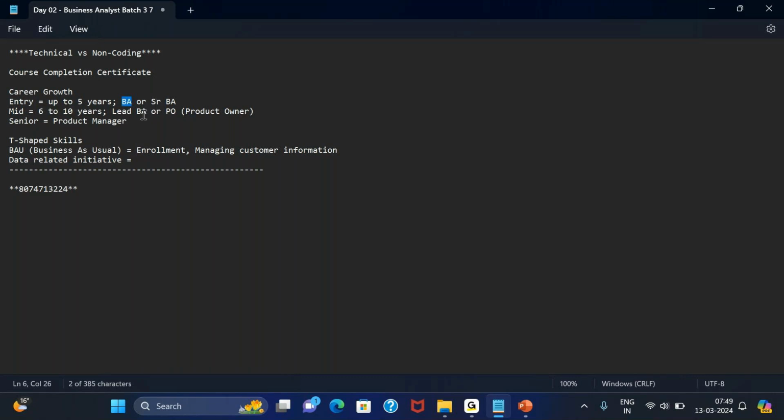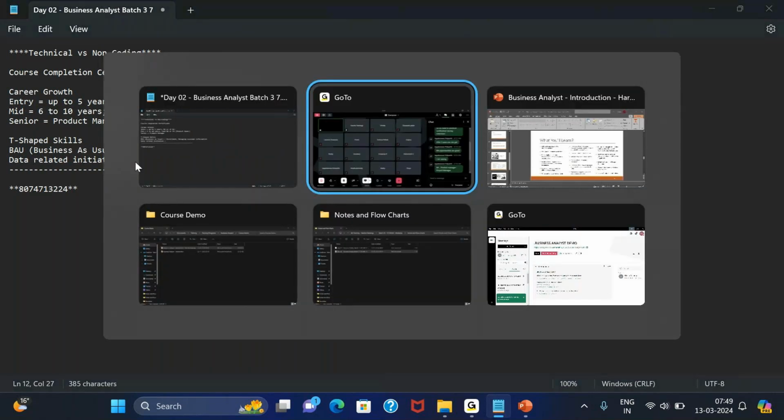We have to start taking up bigger initiatives, maybe manage an entire team altogether. We have to work as a product manager, managing different applications altogether. So similarly, we are increasing our role. Similar to that, we need to increase our skill set as well. Now that's a long answer to your question.